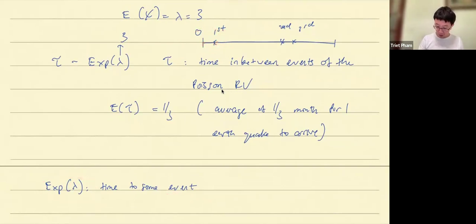So it could also be waiting time, if you want to put it that way. But uniform is also a waiting time in some sense, so both uniform and exponential can be used to model time.